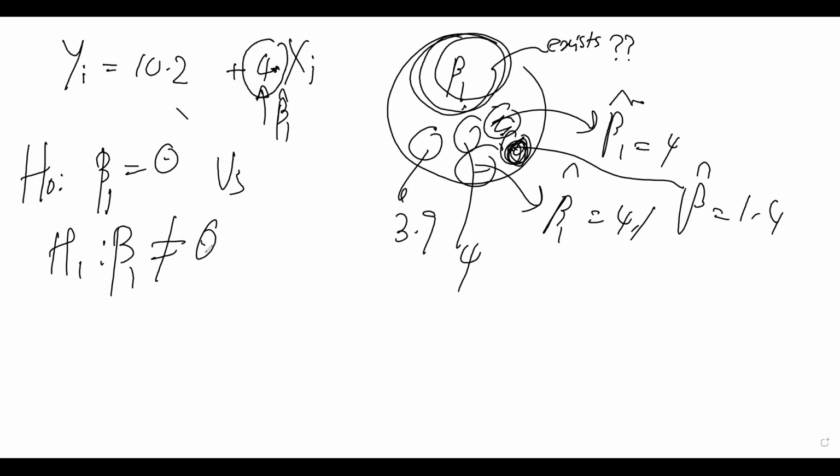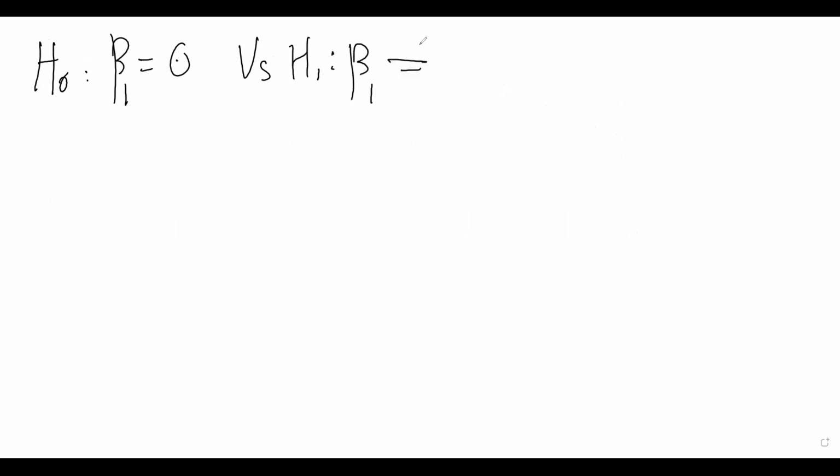So for this question, I will write and show you the steps. I'll clear this off and write it properly. For this question, you have to write all these steps. Okay, and you know the test statistic, you have to study that.